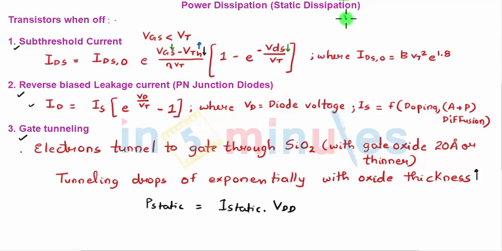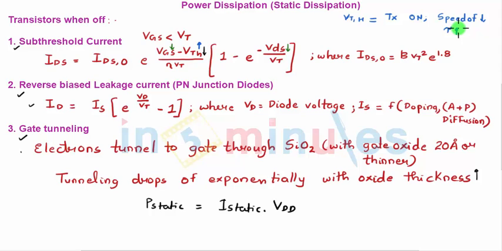But if you increase your threshold voltage, the transistor will take a long time to turn on. That means technically the speed of my circuit will reduce and the delay will increase. So increasing the threshold voltage is not a very good idea, from the look of things. We can try to reduce our gate to source voltage, and we can try to reduce our drain to source voltage.